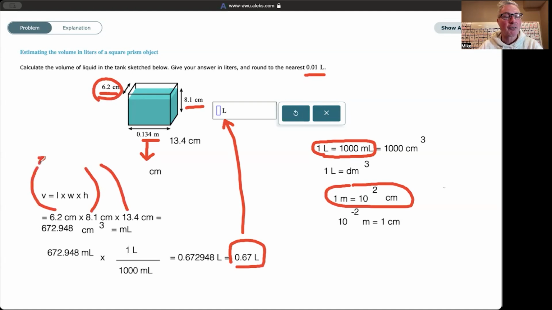You got two significant figures times two significant figures times three significant figures. And when you multiply, the rules are you always retain the lowest number of significant figures. So that's why we went and rounded it to 0.01. Personally, I think they could have been a little harder on us and said round it to the appropriate number of significant figures, but they didn't do that.